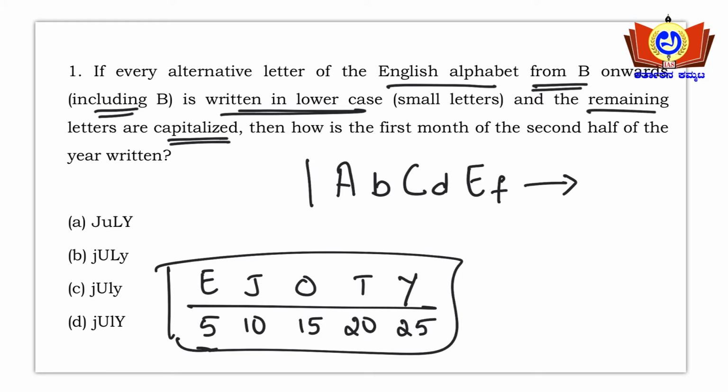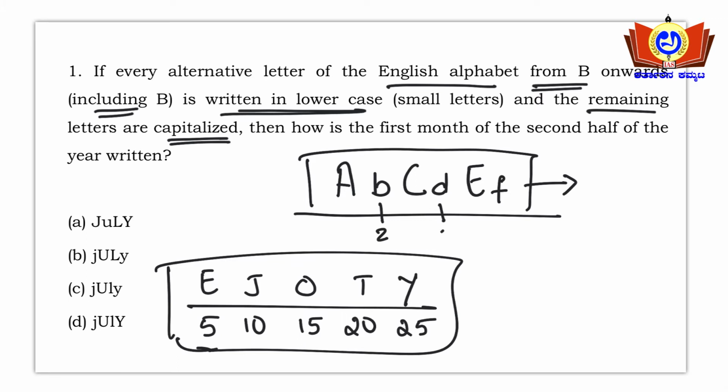When you observe this, even number letters, so 2, 4 and 6, are in lowercase, small letters. And capital letters A, C, E, that is odd letters 1, 3 and 5, are in uppercase.